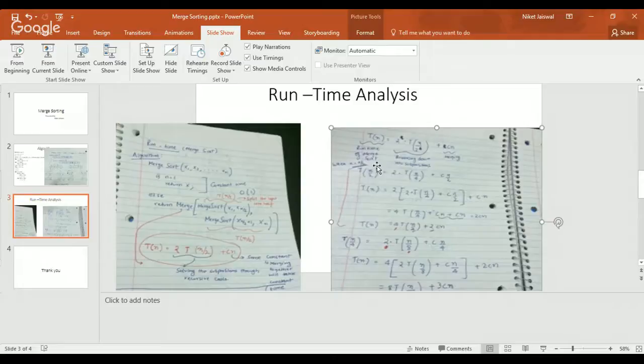This is the runtime of a method, and this is the breaking down into two halves, the total time for breaking down into two subproblems, or maybe more. So this is the general term, now for n equal to n by 2, this would be n by 2. 2 times T, now this n by 2 will change to n by 4, and c times n by 2.